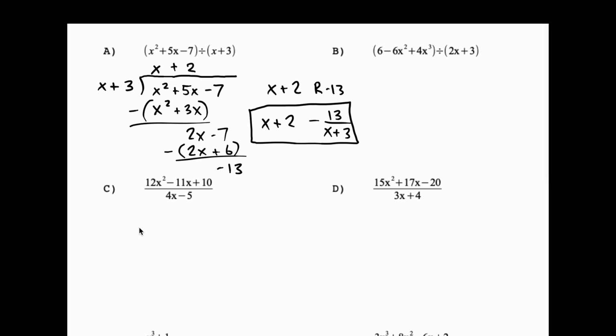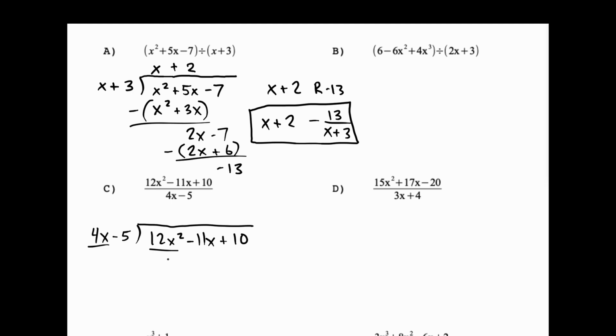So we want to put our 12x squared minus 11x plus 10 inside the division symbol. Put the 4x minus 5 outside. And now we got to think about, what could we multiply 4x by to get 12x squared?